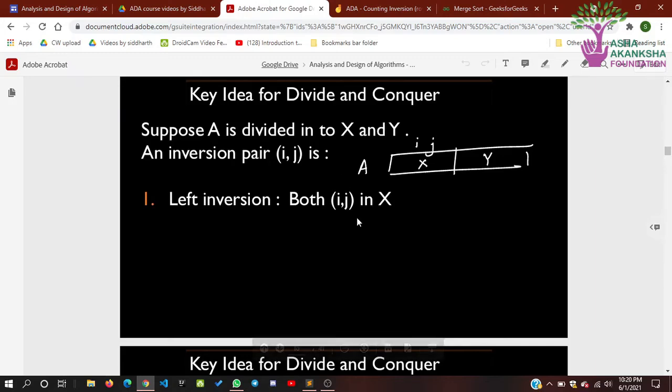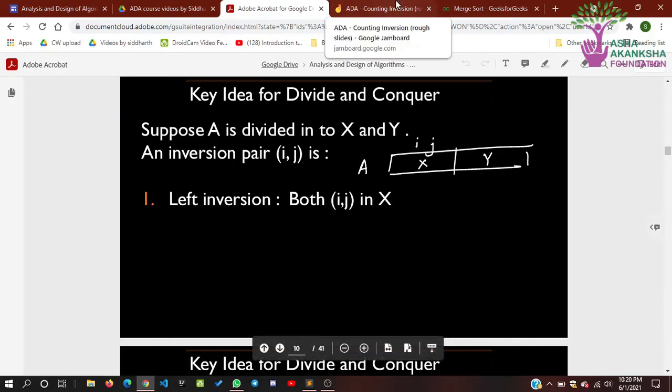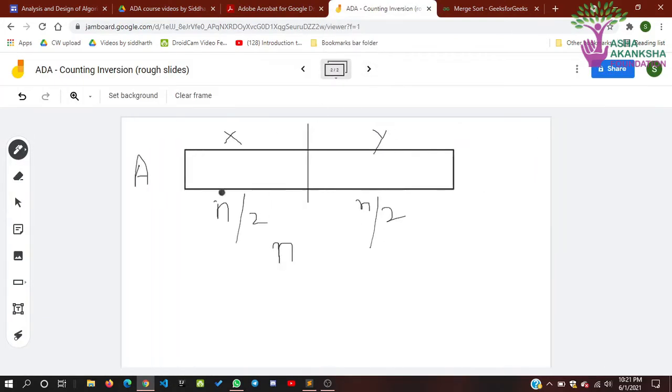And then where can these inversion pairs appear? In the main division part. I comma j can both appear in the x part, or both appear in the y part, or I can appear in the x part and j can appear in the y part.